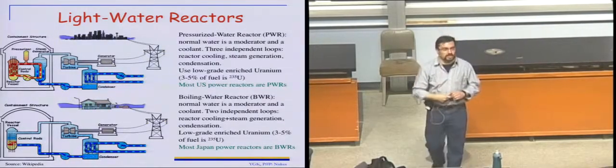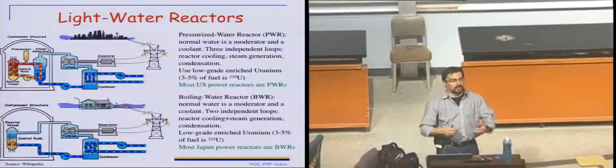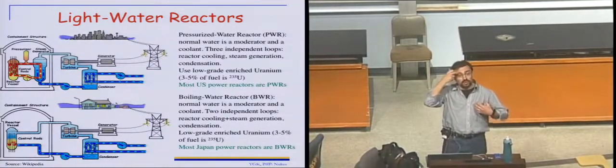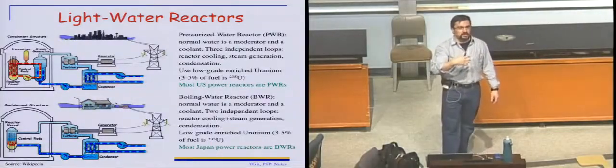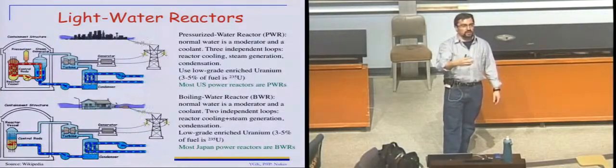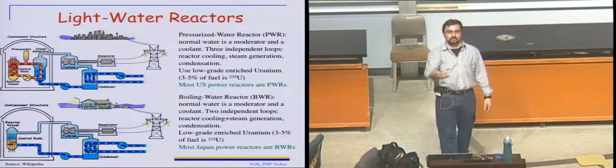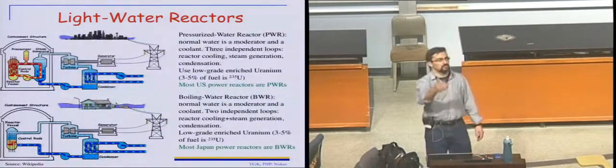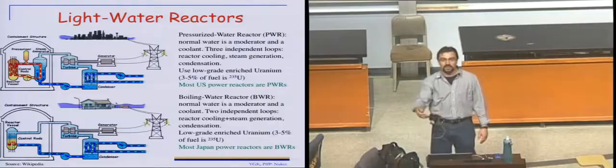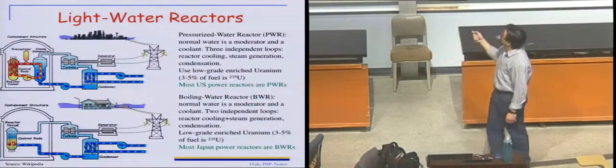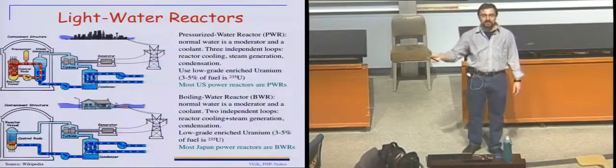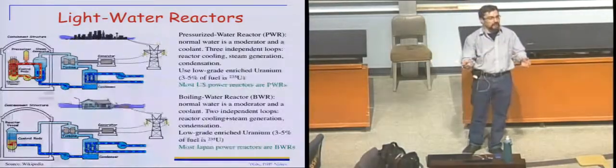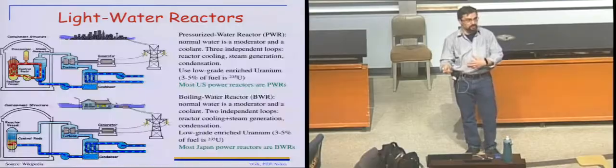That's right. So the answer is that when the water leaks out, water serves two purposes. It removes heat, but at the same time, it slows neutrons down and actually allows neutrons to be captured by uranium, which sustains the nuclear reaction. So these reactors are inherently safe from the nuclear explosion point of view. If some accident happens and water leaks out, the reaction stops.